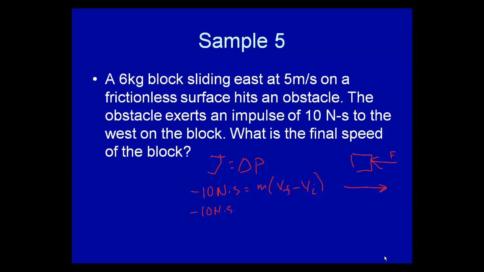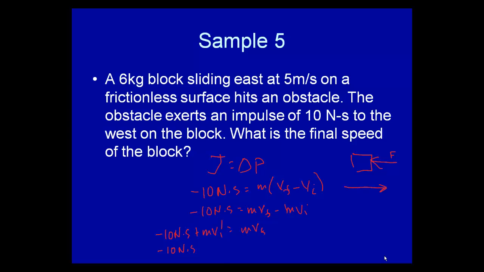So negative 10 newton seconds, I'm going to expand the m vf minus m vi to make the math easier. Remember, do algebra as long as possible before you put all your numbers in. Negative 10 newton seconds plus m vi, when I move it to the other side, is equal to m vf, because ultimately I'm looking for vf. Okay, now I plug and chug.